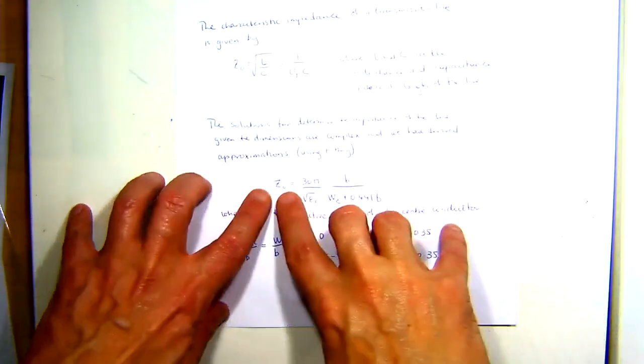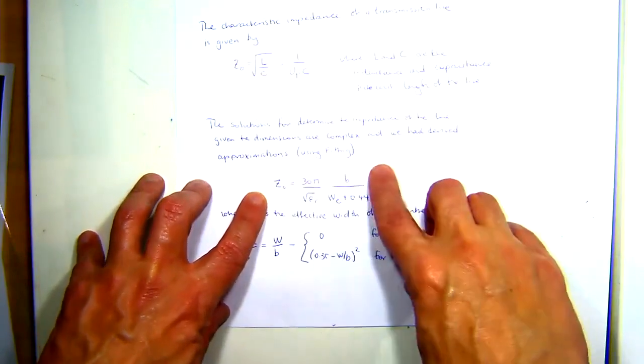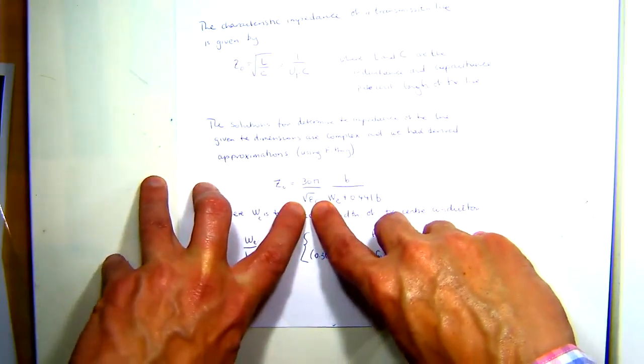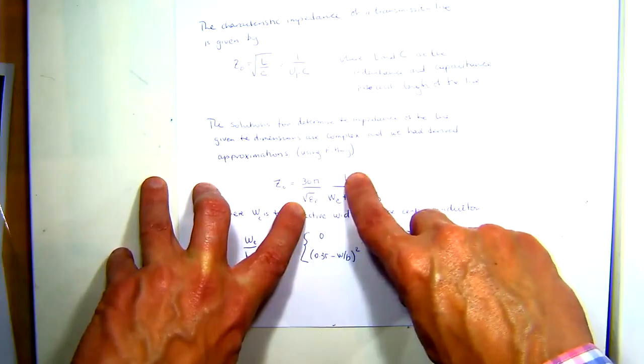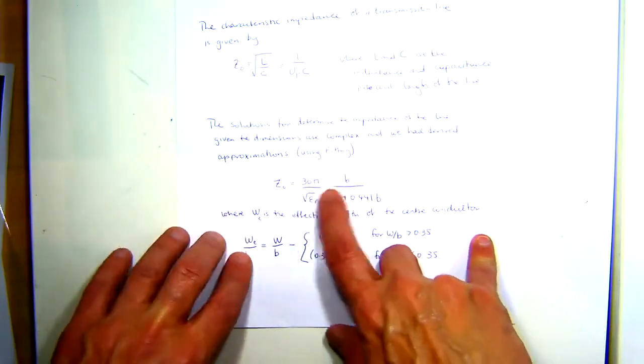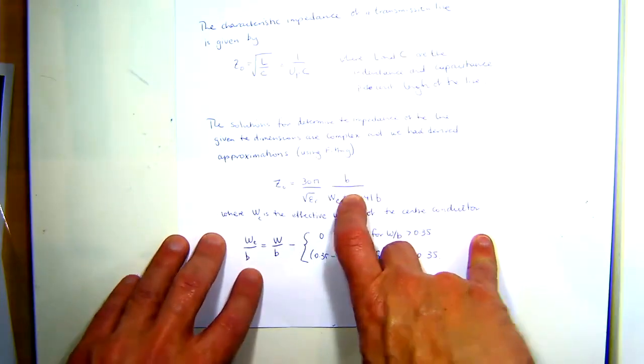So we've got the formula for the characteristic impedance in terms of the dielectric constant of that material, the thickness between the 2 ground planes, assuming that it is symmetric, and something called the effective width, right?